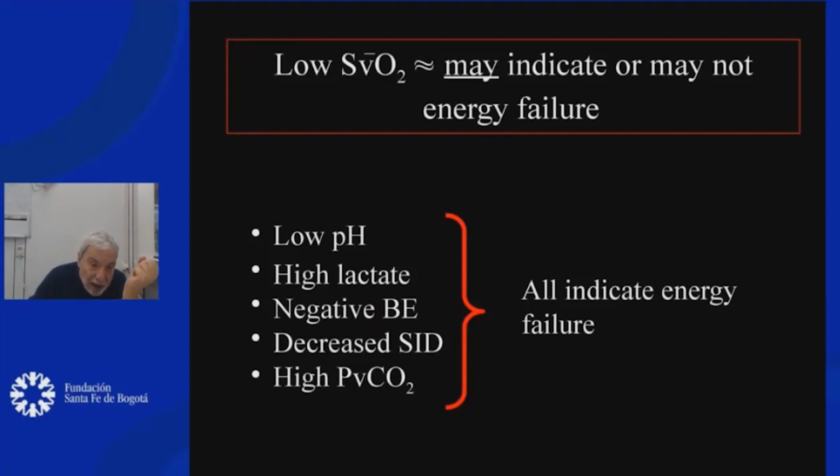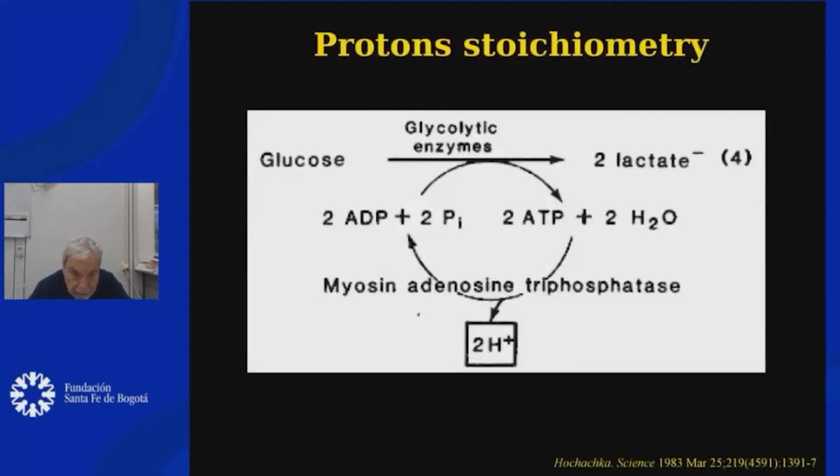We have all this, which means that the problem is the energy. Low pH, high lactate, negative base excess, decreased strong ion difference, high VPCO2, all these are signs of energy crisis.